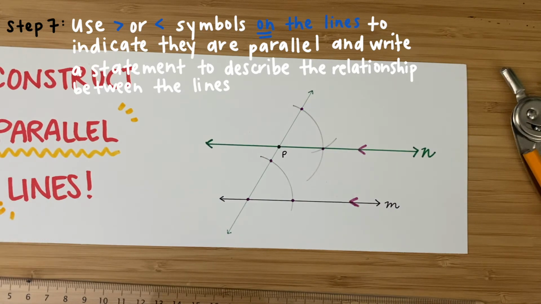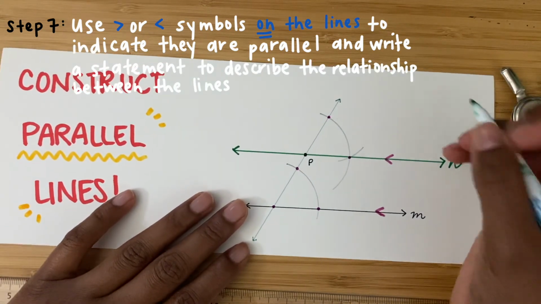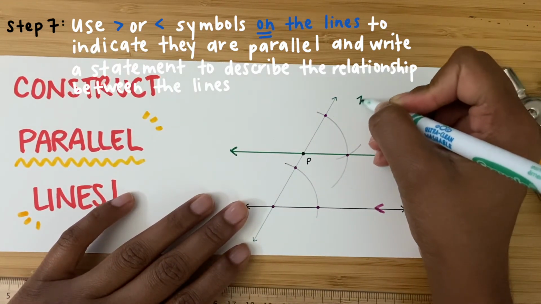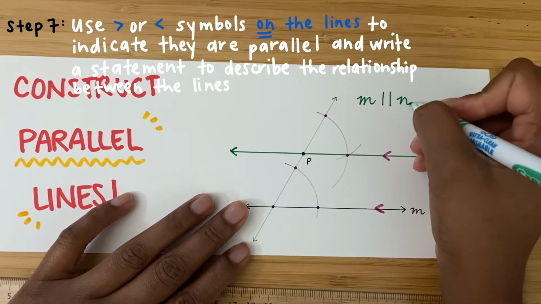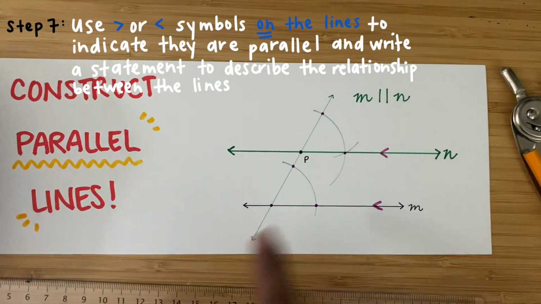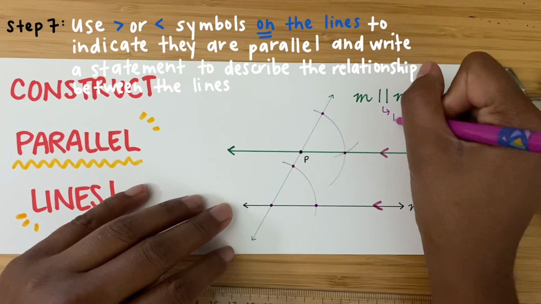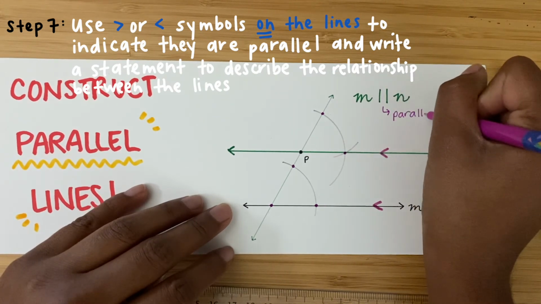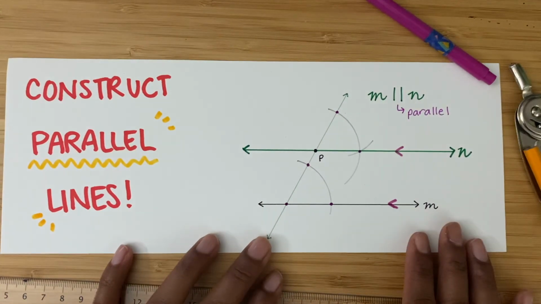And then in order to write my statement that shows the relationship between these 2 lines, I'm going to go ahead and say that line M is parallel to line N. So reminder that these 2 symbols that look like that double L or a sideways equal sign, this indicates the word parallel. And now you've made 2 parallel lines.